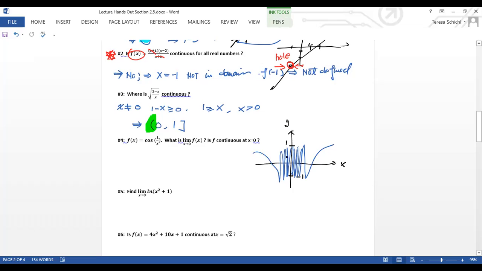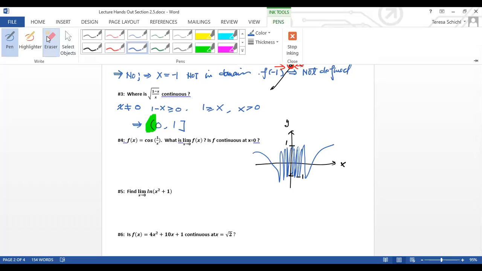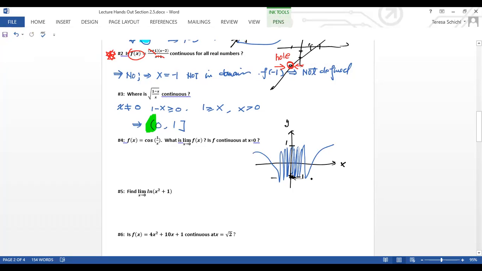Make sure the 1 is here, so this is all inside of 1. As you can see, when x approaches 0, what happens to the cosine? It's jumping around, because this number approaches infinity, so it's jumping between 1 and negative 1, right? So I know this value does not exist. The values keep going up and down, up and down.